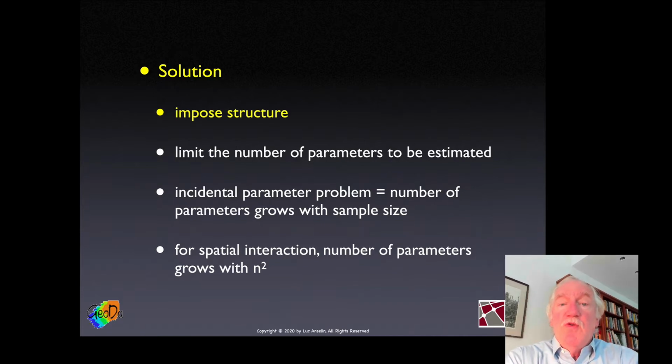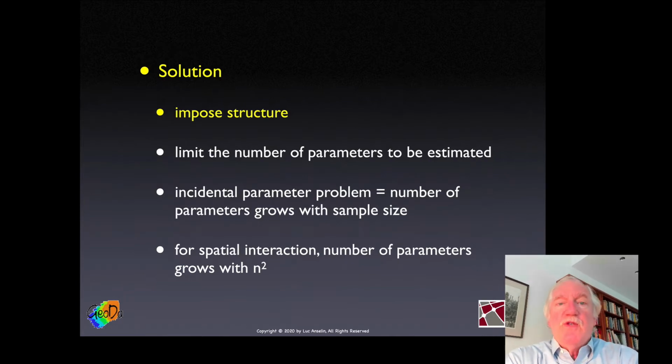So if you really want to estimate that variance for each individual observation, you're out of luck. You can't resort to large sample logic because the larger the sample, the more of these variances you have to estimate. That's the incidental parameter problem. Now here we have it in the square because as our sample size grows, the number of interactions grows with n squared. So this is a race we cannot win.